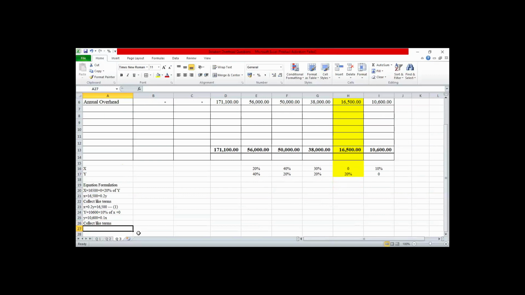When you are writing that equation of Y, you said Y is equal to 10,600 plus 10% of X plus 0. Why did you now put plus 0 again? You know, 0 is the last variable here. The way we have done for this one, that's what I've done for this. But that 0 has no value.